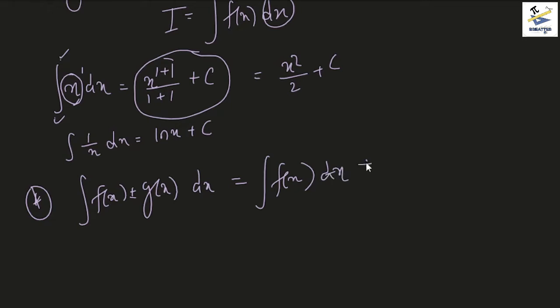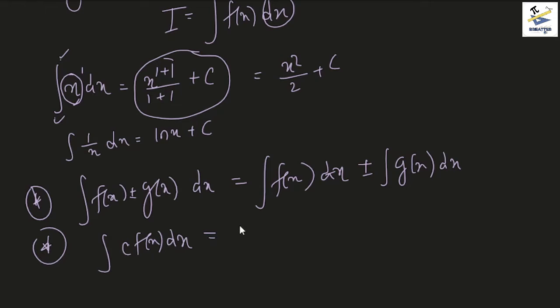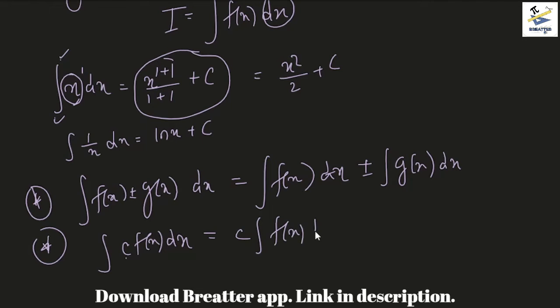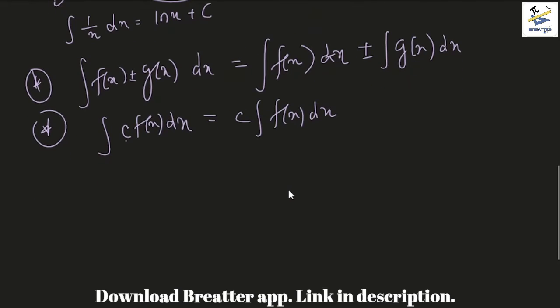If there is any constant c such that you have c into f of x dx, where c is independent of x, it is just a constant. When I say constant, I mean it is independent of the integral variable. It will just give you c into the integral of f(x) dx, right? So these are the two things we shall remember.